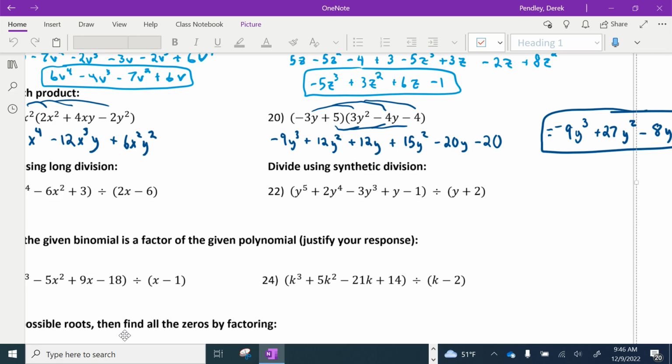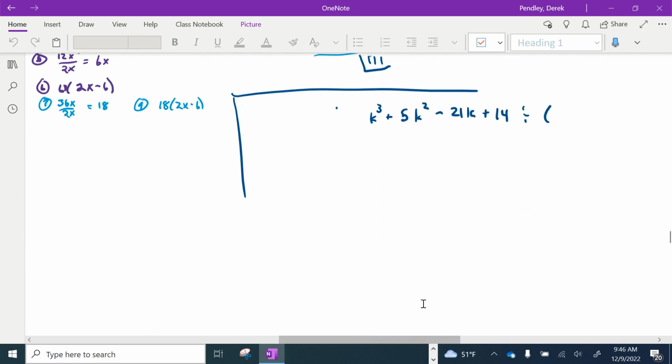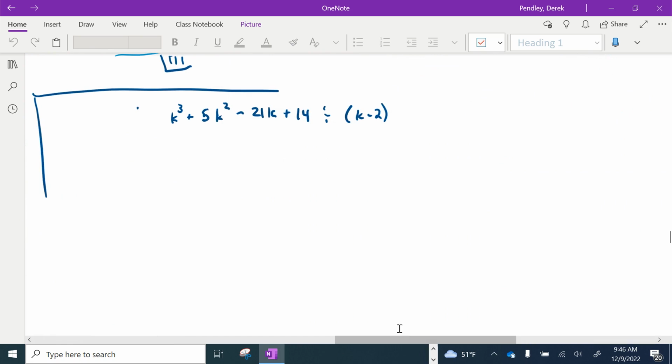And we're dividing that by k minus 2. All right, so let's do the work over here on the side. Remember, when we are doing synthetic division, we want to know when this is 0, and that's when k is equal to 2. So 2 is the number that we're going to put in that bracket.